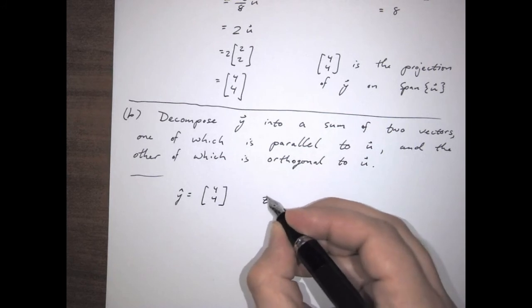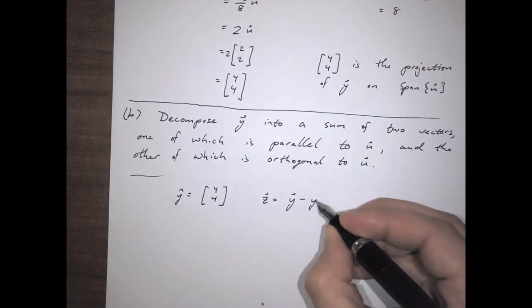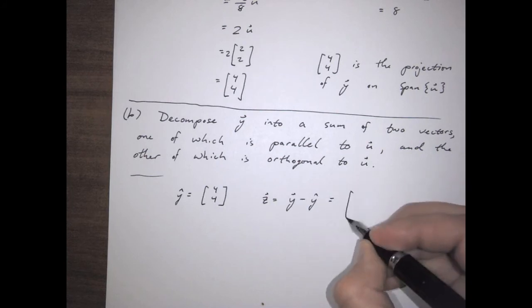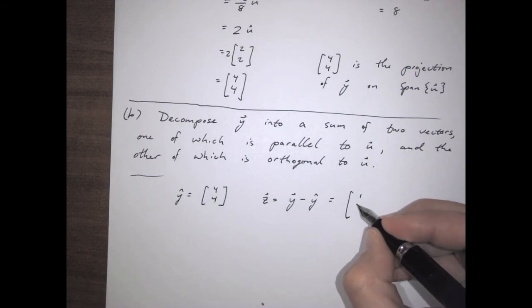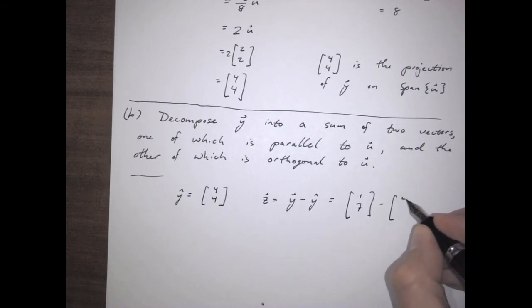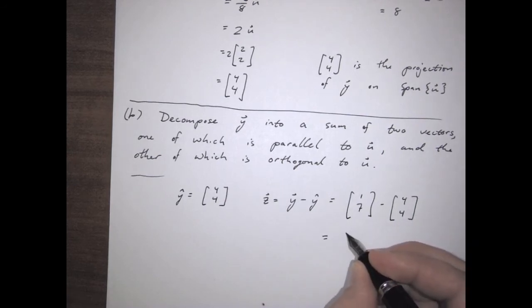All we need is the z, which is y minus y hat, which is then (1, 7) minus (4, 4), which will be (-3, 3).